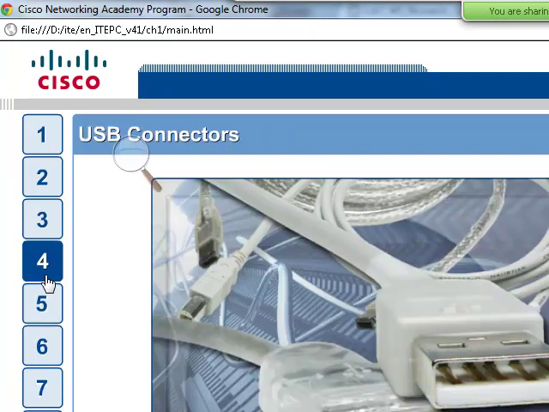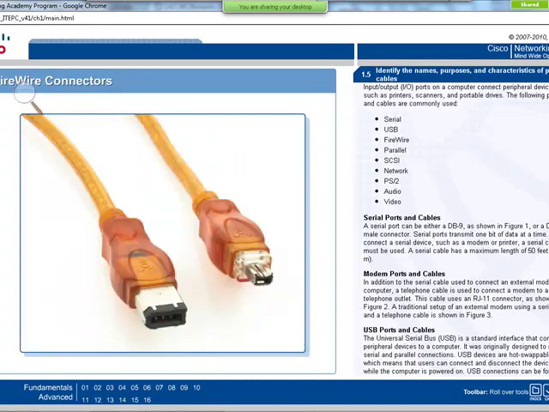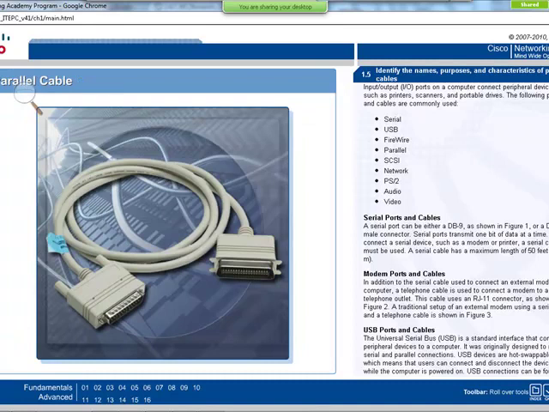For example, if you are asked to read the features of USB: USB can connect up to 127 devices on one chain, and it's capable of sending information at up to 400-something megabits per second in the newer model. FireWire is the new technology, and it's capable of transmitting information at a higher rate.